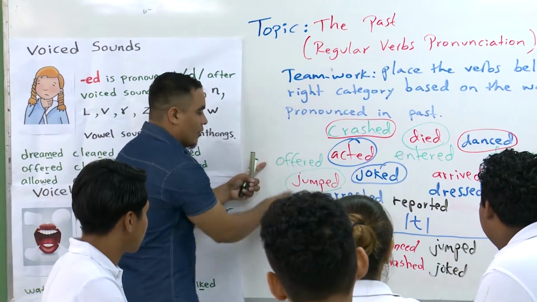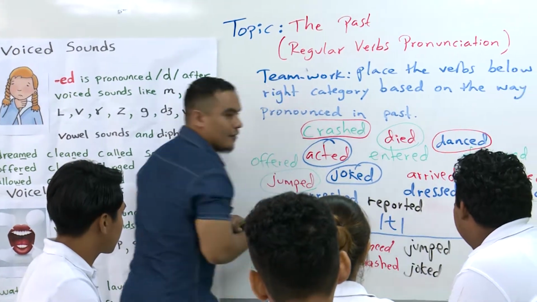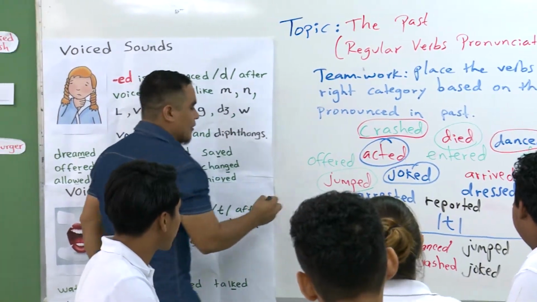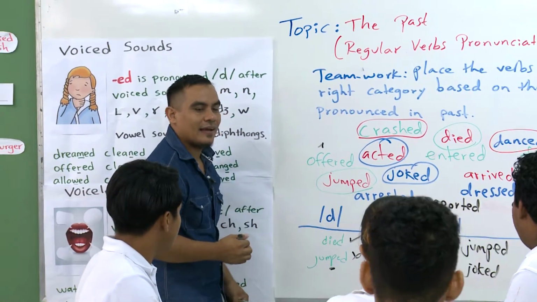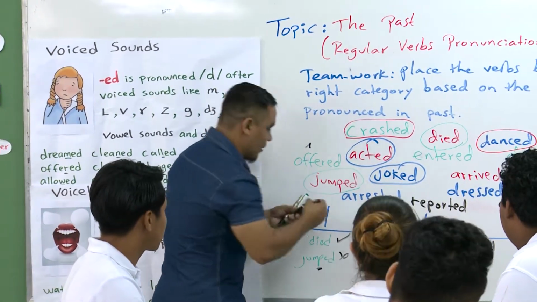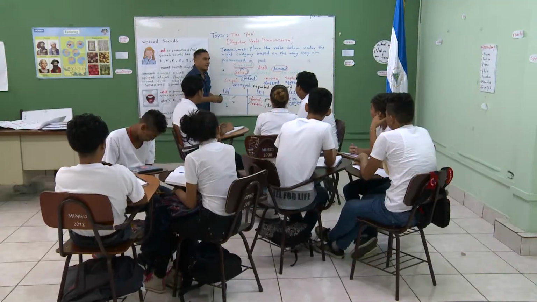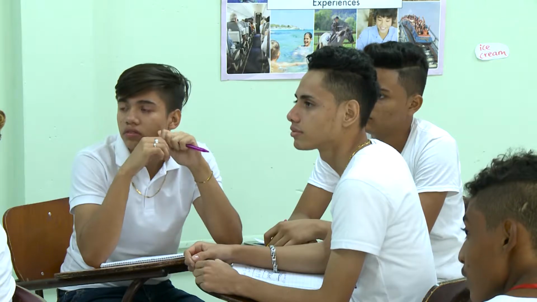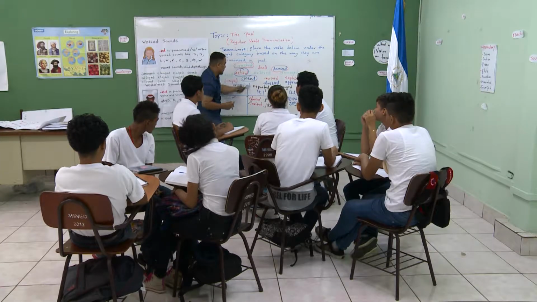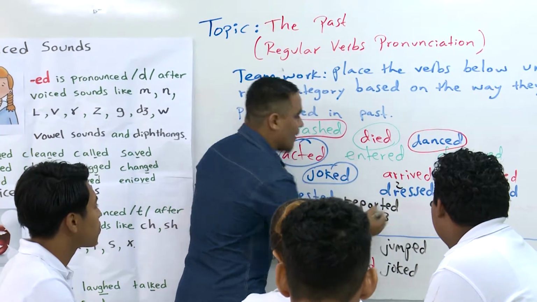Okay, offered. Number 1, number 2, or number 3? Okay, 1. Arrested. Okay. Reported. Dressed. Number 1. Number 2. Arrived.